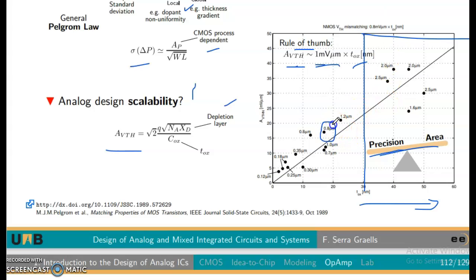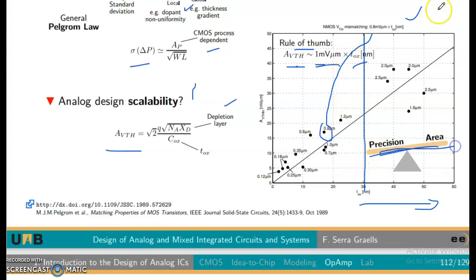NMOS mismatching at 0.8 micrometer, between 0.5 and 0.8 mV micrometer times T_OX in nanometers. Here 0.8 mismatching NMOS leakage.